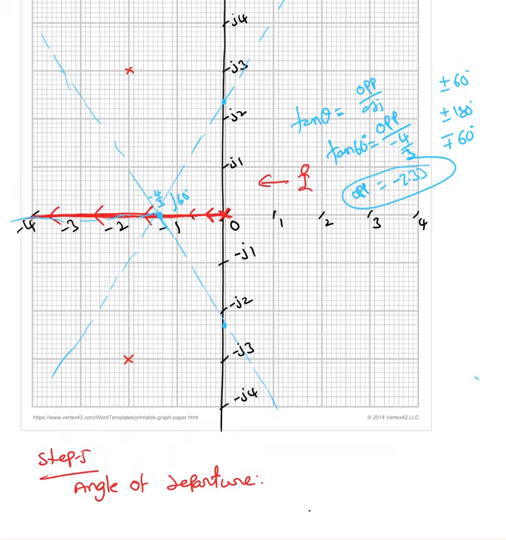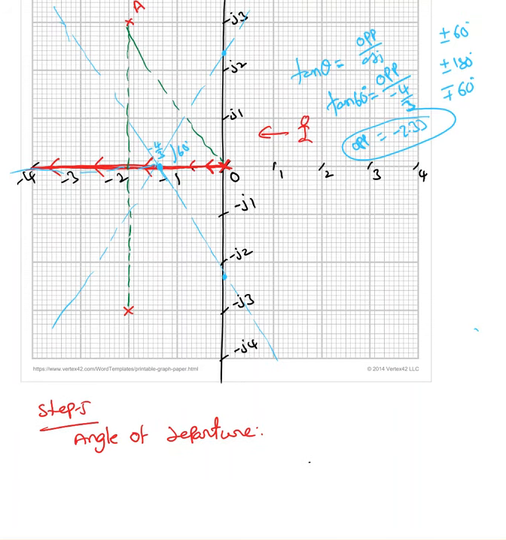So to find the angle of departure, say this is pole A. What we're going to do is draw lines from every other pole and zero. So here I'm going to draw a line from every other pole and zero. That's one pole, this is another pole. Now find the angles from the real axis, every angle from the real axis.